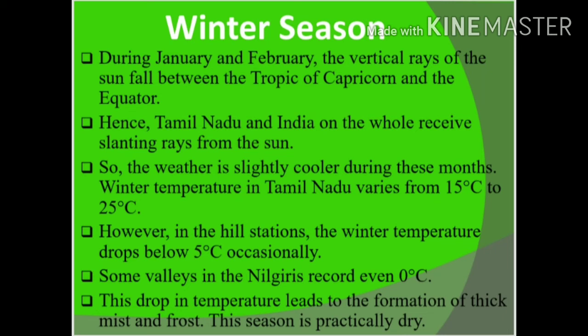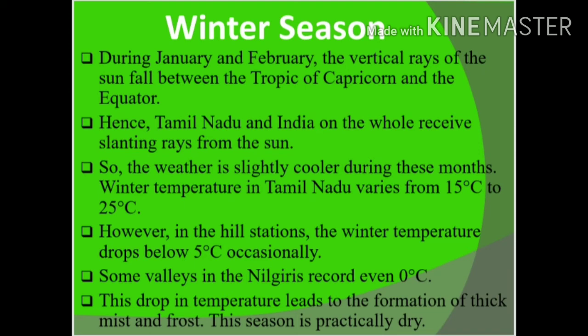This drop in temperature leads to the formation of thick mist and frost. So this season is practically dry. You can see the mist and frost in the hill stations of Tamil Nadu in the winter season. That is about winter. During the months of January and February, the sun's rays fall vertically over the Tropic of Capricorn and equator, so we are enjoying our winter season.